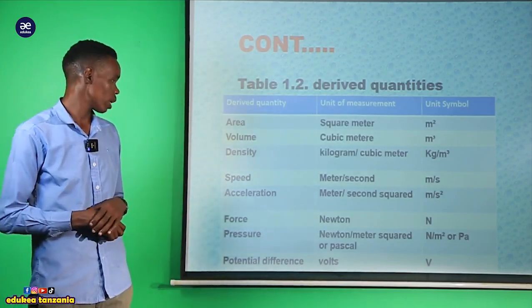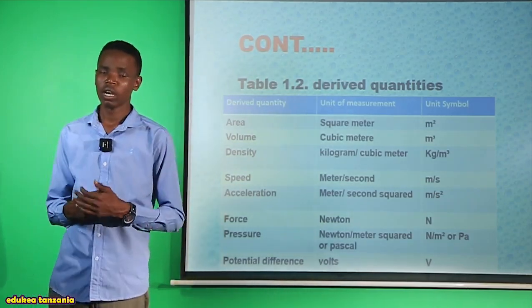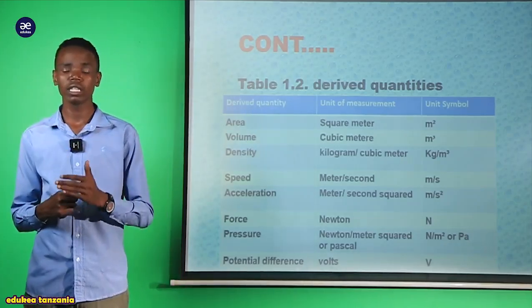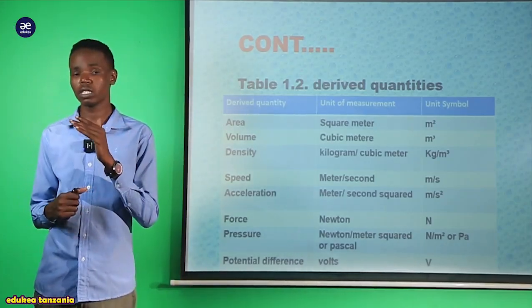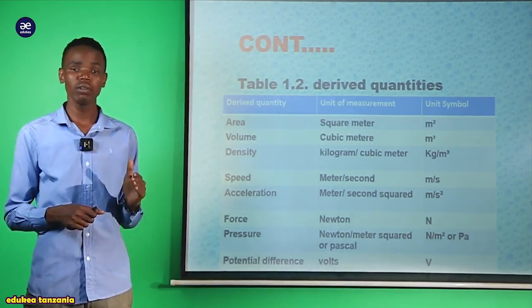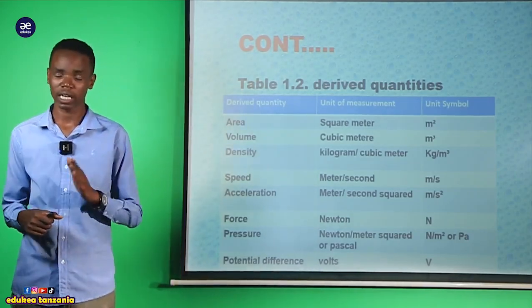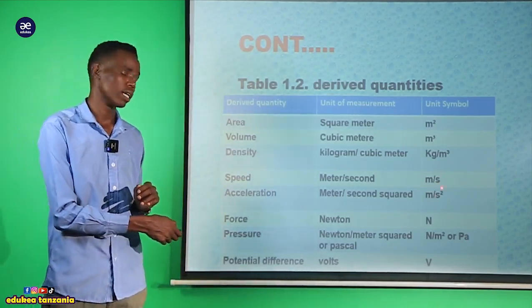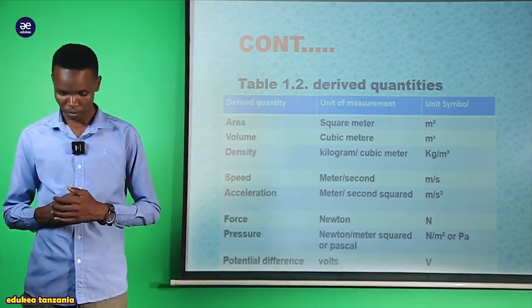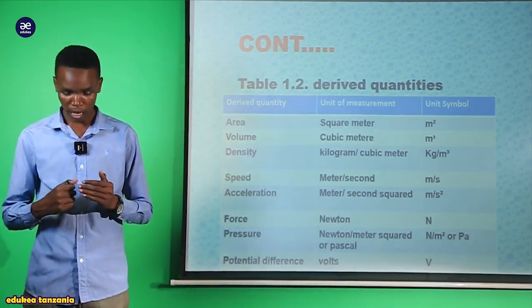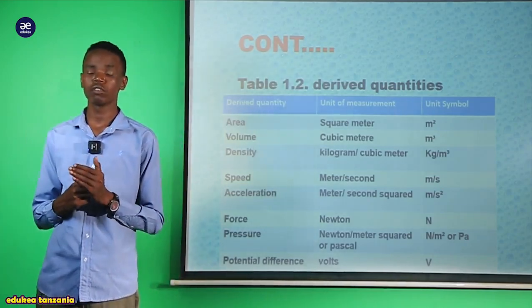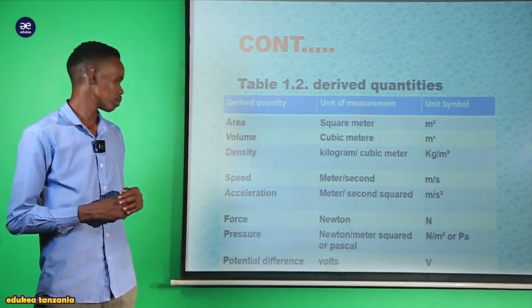Also we have the speed, my dear student. Speed is obtained by taking the distance per unit time. The unit will be meter per second, and its symbol will be m/s. This is how a derived quantity can be obtained.